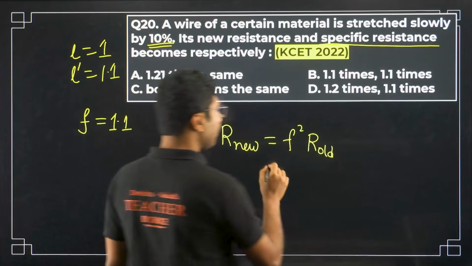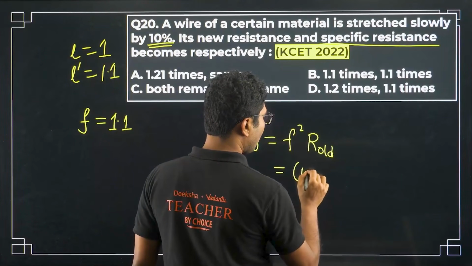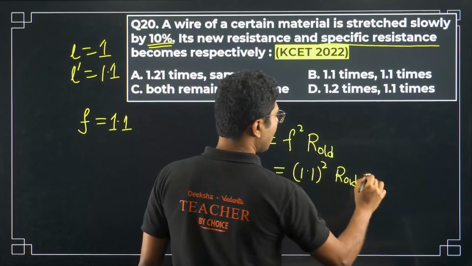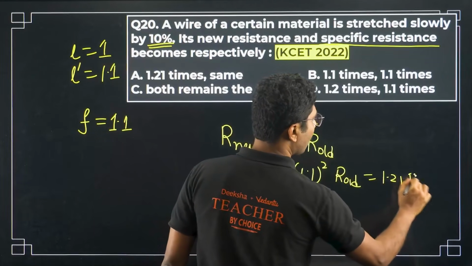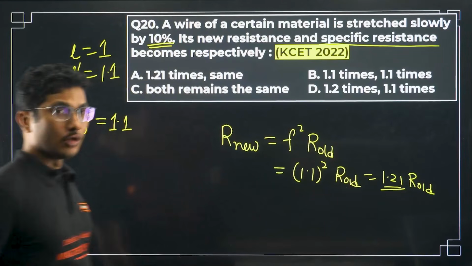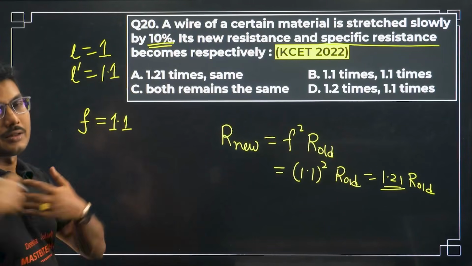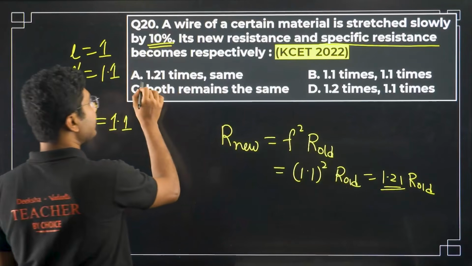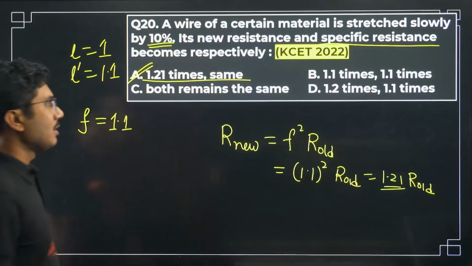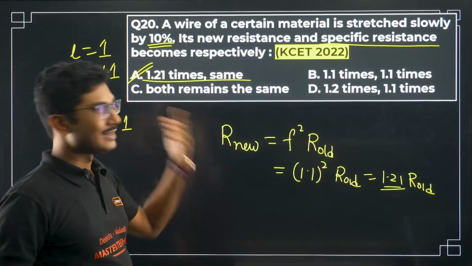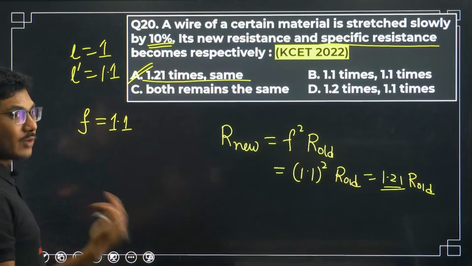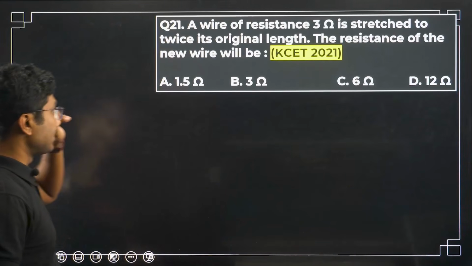So R new will be 1.1 whole square into R old, that is 1.21 R old. So the specific resistance, which depends only on temperature and the material, will remain the same, but the resistance will increase by 1.21 times.